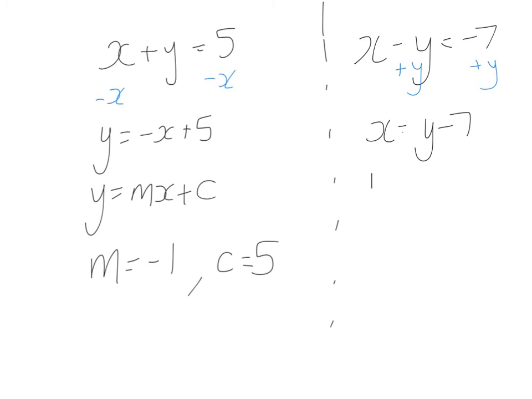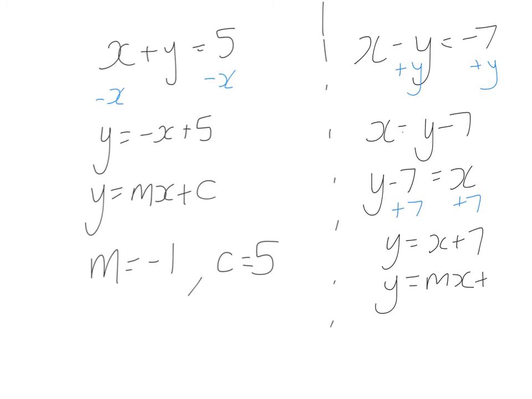I'm going to rewrite that round the other way: y minus 7 equals x. Then if I add 7 to both sides, I'm going to have y equals x plus 7. If I compare this to y equals mx plus c, the gradient is 1 and the y-intercept is 7.